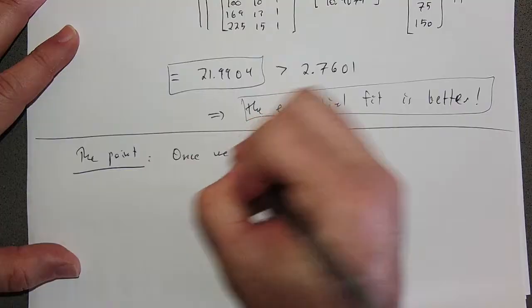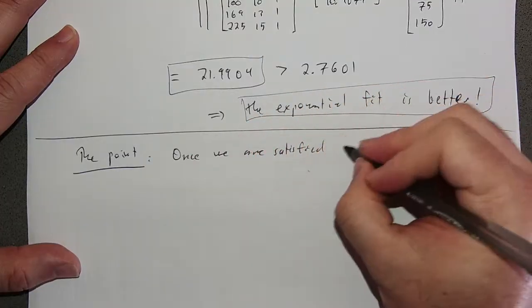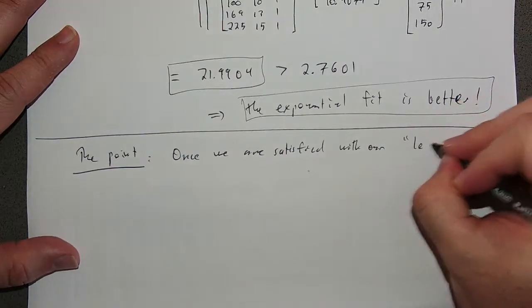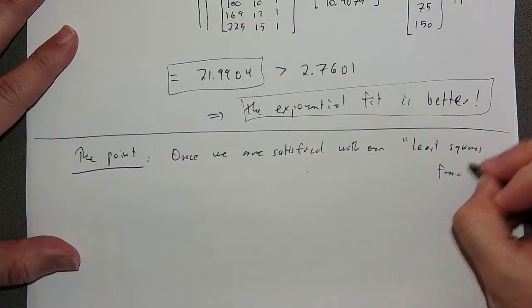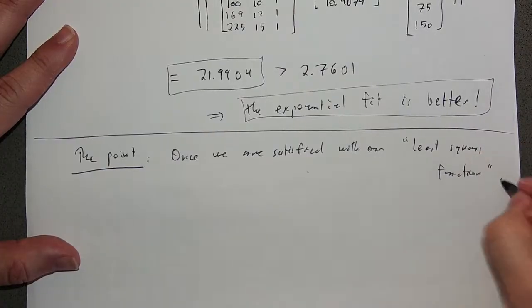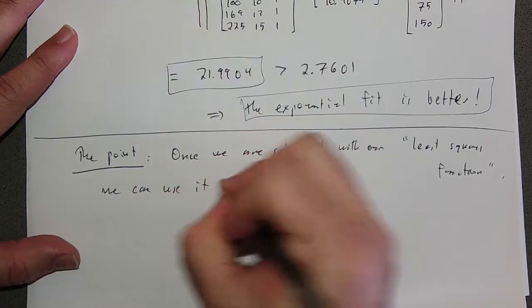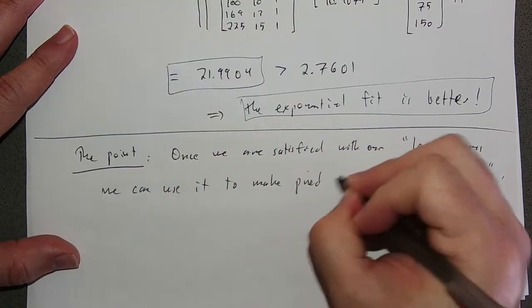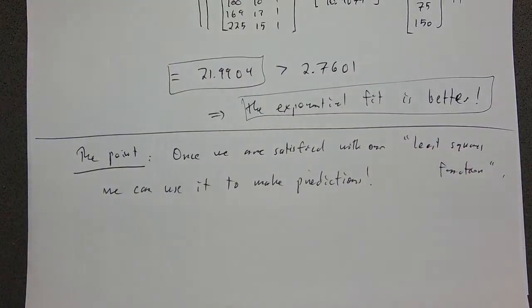Now, as I have mentioned many times by now, the point is, once we are satisfied with our least squares function, we can use it to make predictions, which is a key thing that we want to do.